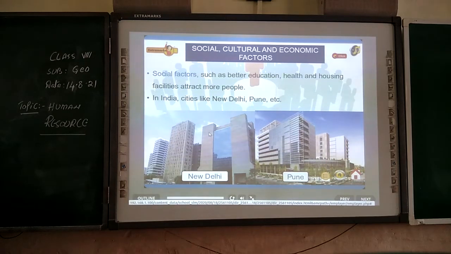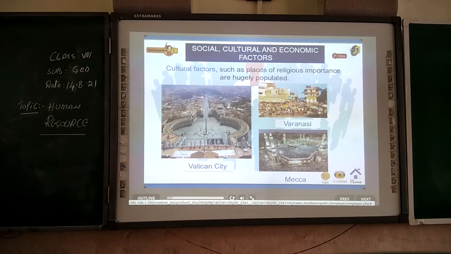Social, cultural, and economic factors. Social factors such as better education, health, and housing facilities attract more people. In India, cities like Delhi and Pune have high density of population. Cultural factors such as places of religious importance are hugely populated.